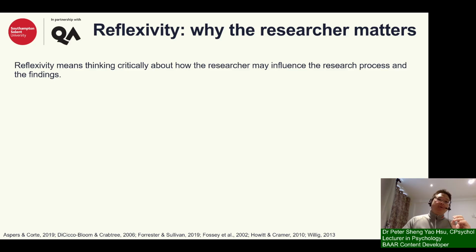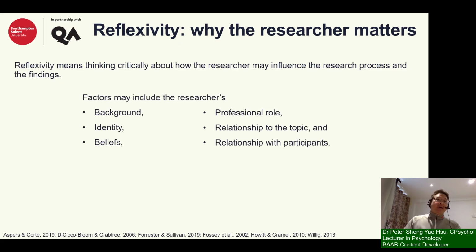Reflexivity means thinking critically about how the researchers may influence the research process and the findings. This is important in qualitative research because the researcher is not separate from the research process.